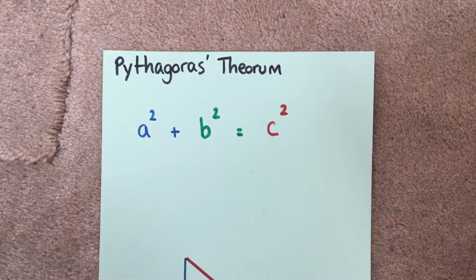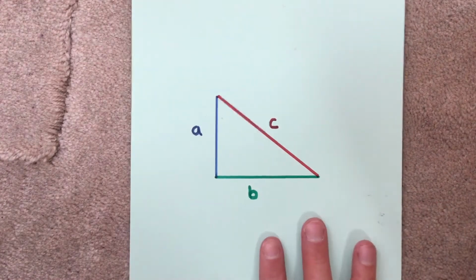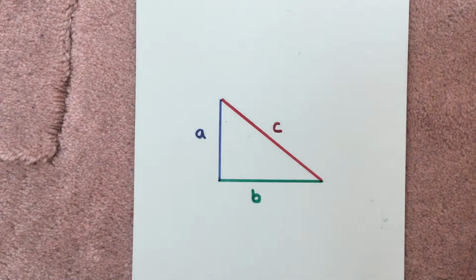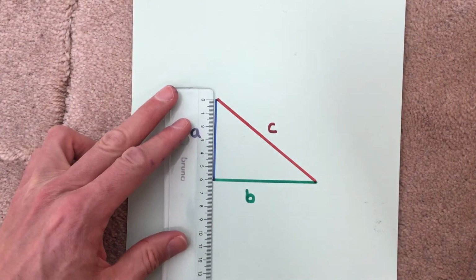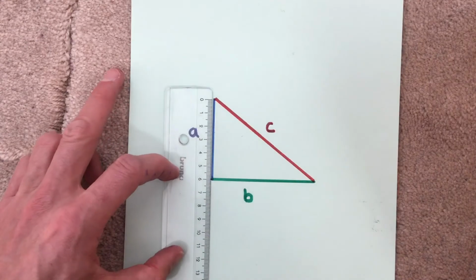And I'm just going to show you what he meant by that to try and make some sense of it for a Year 5 audience. So if I take side A and I measure side A carefully, it is 6 centimeters long.